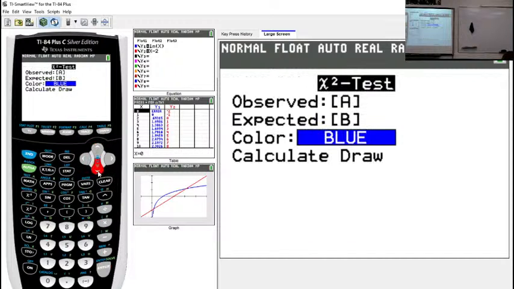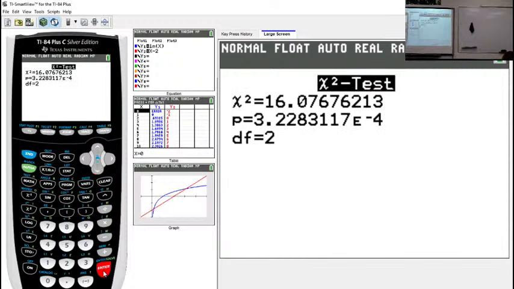Observed in matrix A, expected I want to be put in matrix B. And we're going to go calculate. There's the p-value. Remember, that is times 10 to the negative 4th. So that means it's 0.000323.